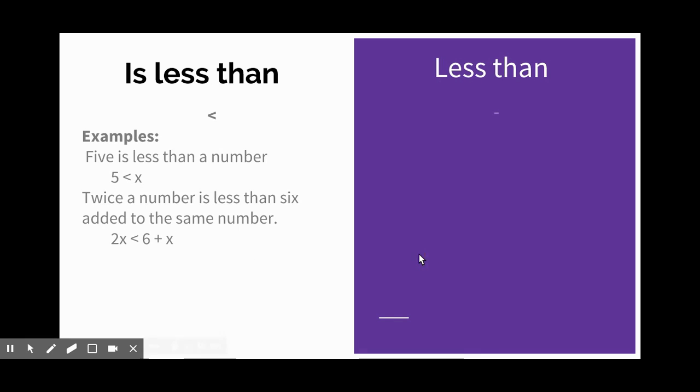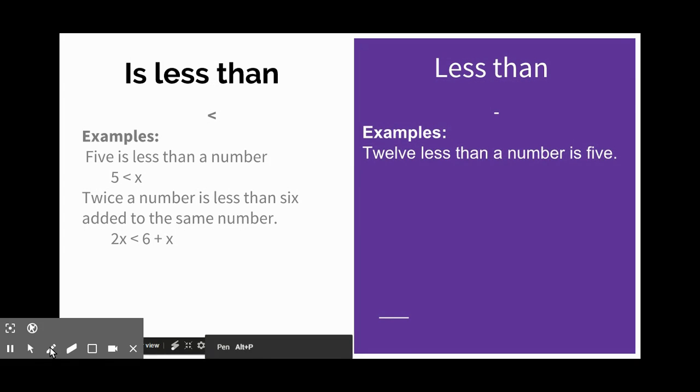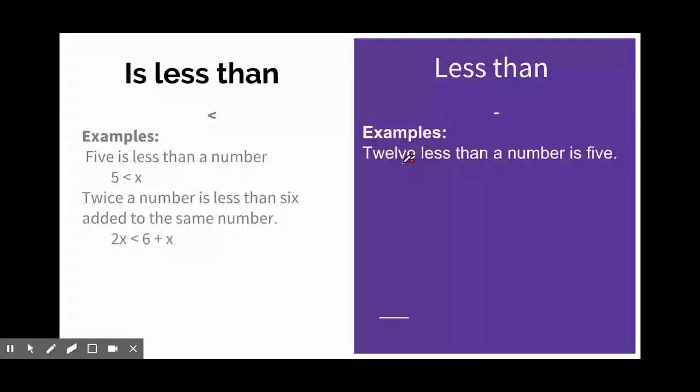Now that's confusing because we could say less than and be talking about subtraction. For example, and remember, write these down. 12 less than a number is 5. If you remember way back in our notes, it's been a few weeks, we said whenever we see this less than, we need to be careful because we want to just put 12 minus x, for 12 is less than a number. But that's not right.